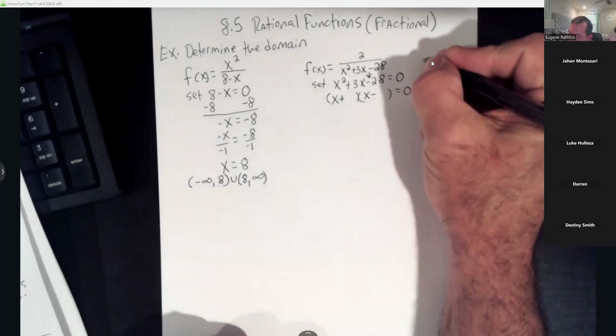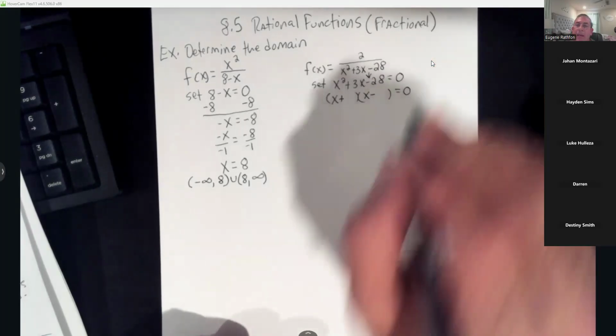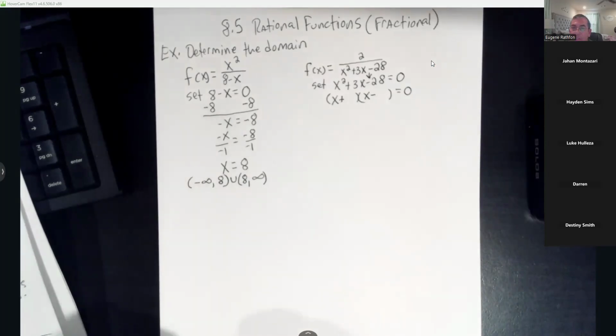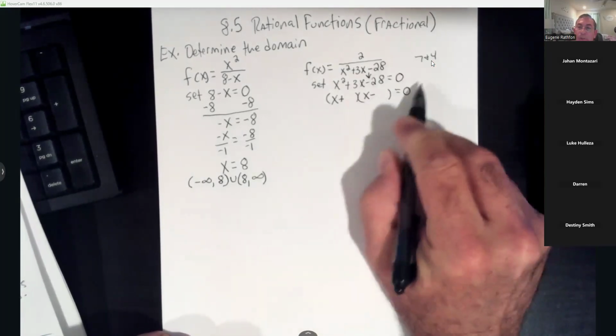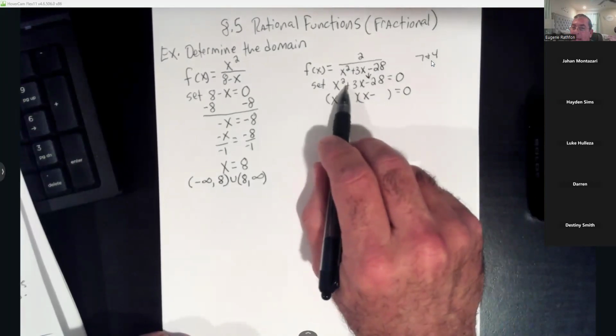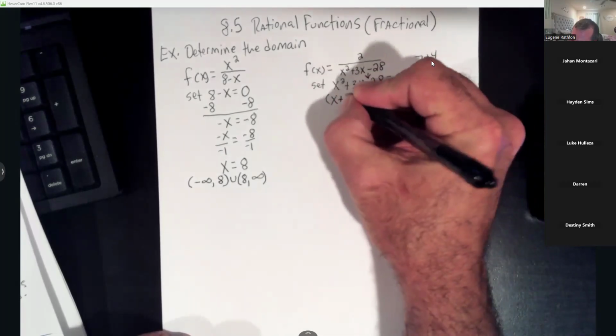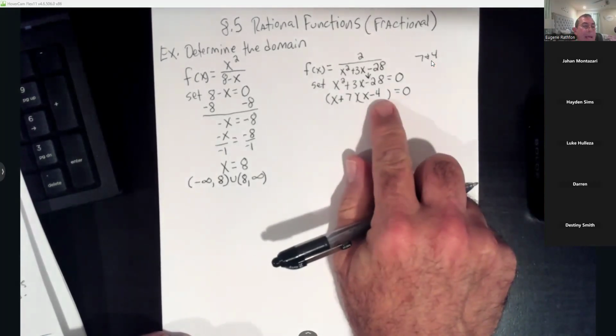All right, y'all, so let's think about this. What factors of 28 give me 3? And Darren, that would be 7 and 4. So my numbers are 7 and 4. Remember, the larger number has the same sign as the middle. So y'all, your 7 will be positive, and your 4 will be the negative.